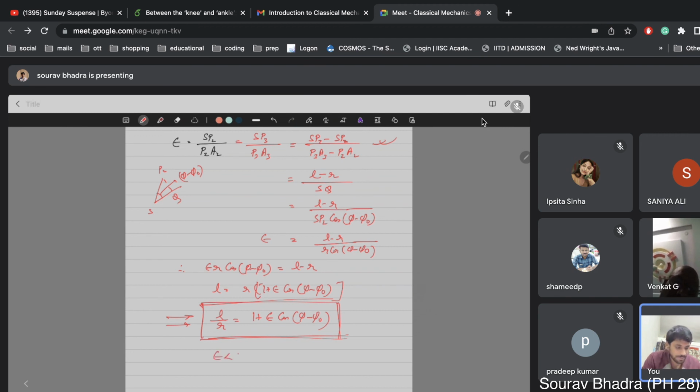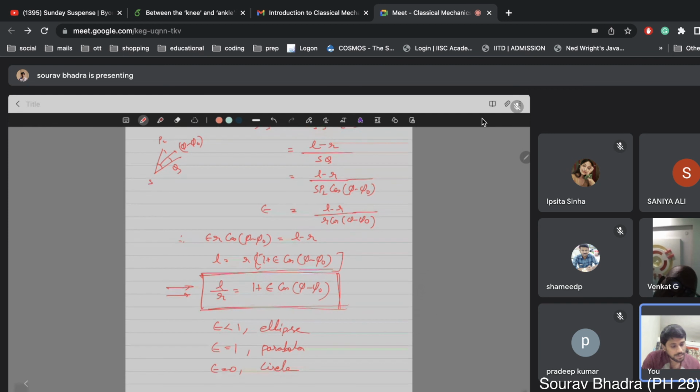If epsilon is less than 1, then it will be an ellipse. If it is 1, then a parabola. If 0, then a circle, and if greater than 1, then a hyperbola.